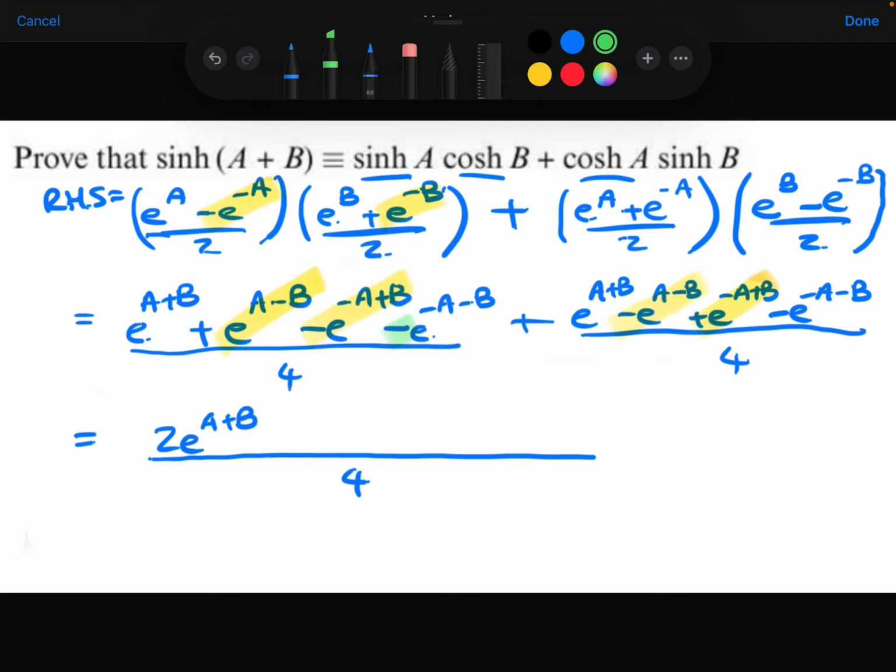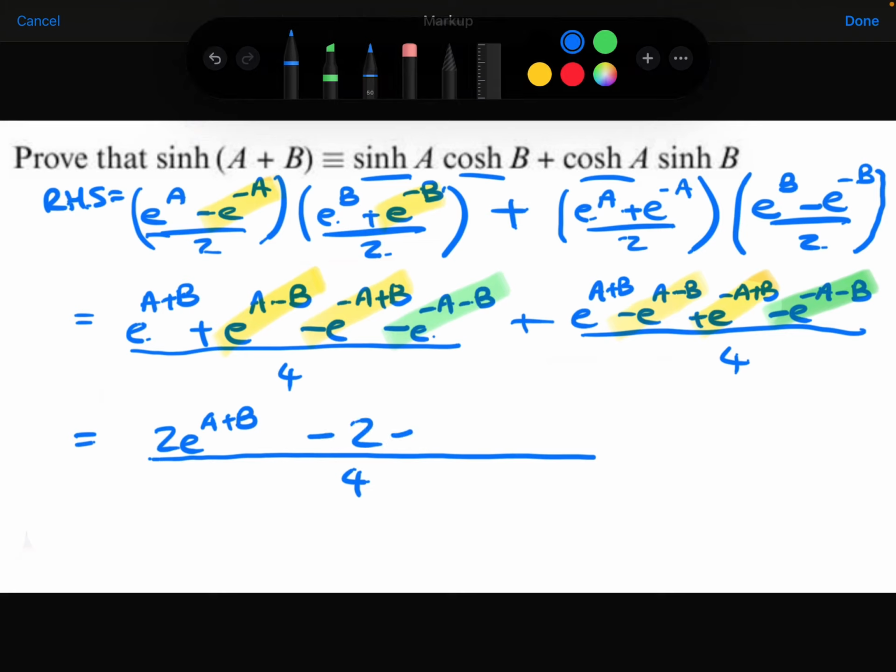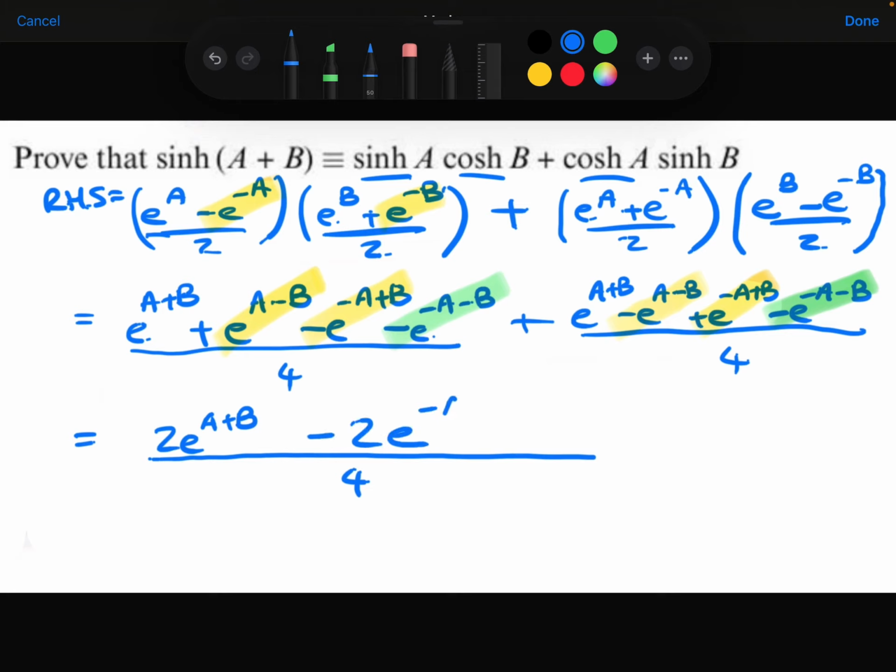And then finally, I've got the minus e to the minus A minus B, and I've got another one of the same over there. So I've got 2 lots. So I can say minus 2 lots of, now I could say minus A minus B like that, or I could factorise that minus outside, like that.